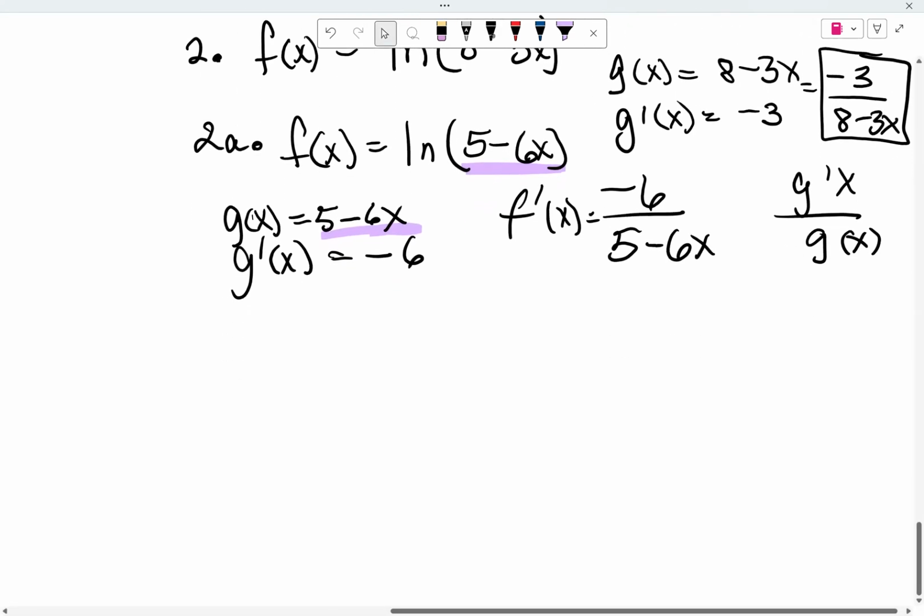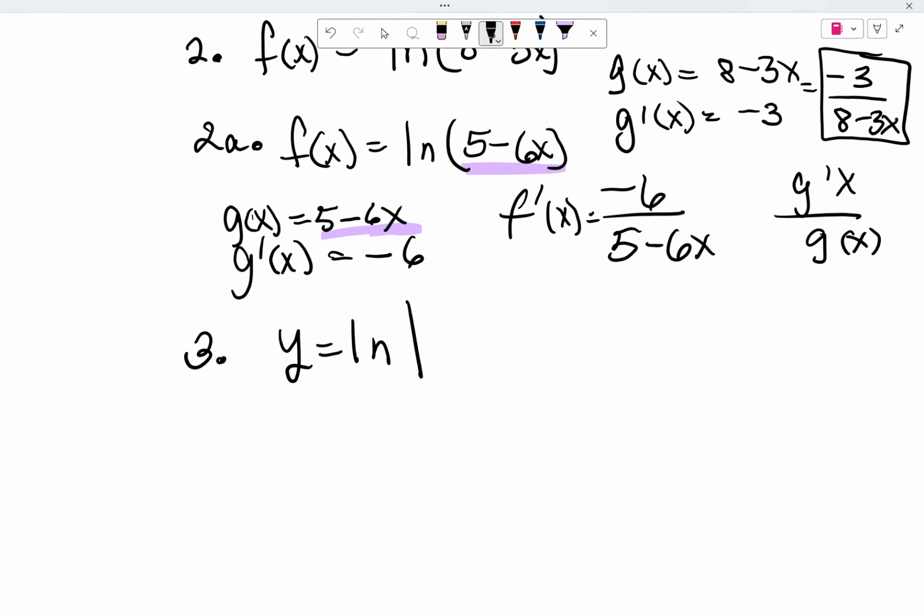Good. Very similar concept. Question 3. What if I said to you I have y equals the natural log of the absolute value of 5x squared, excuse me, I don't know where I got the n from. My bad handwriting is where I got that from. 5x squared minus 7x.